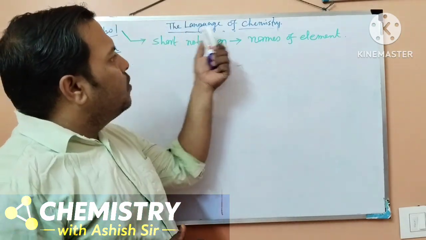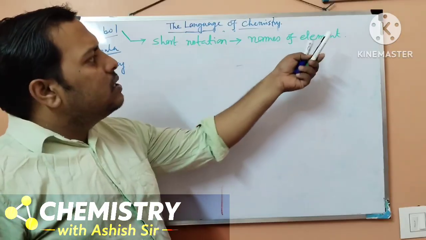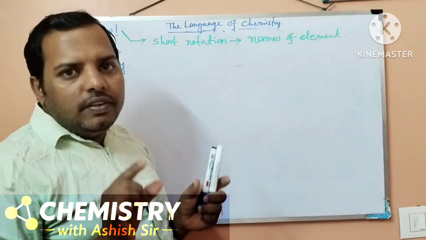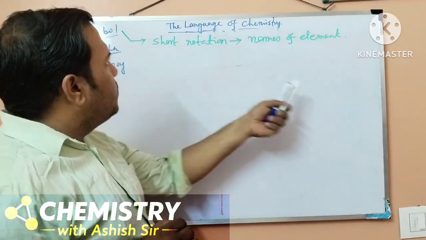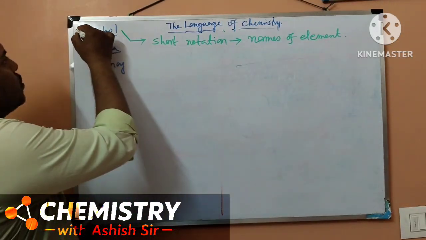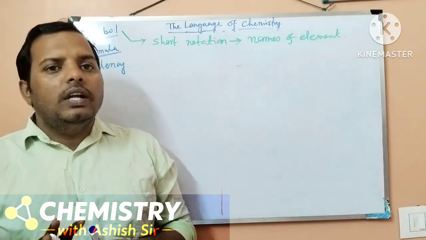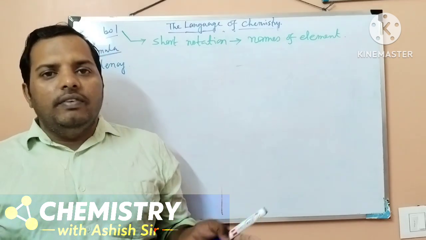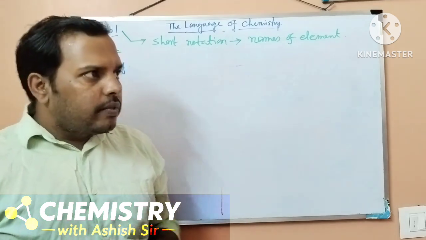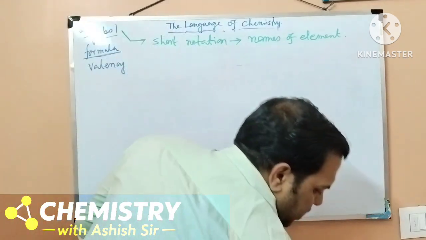Similarly, in this chapter, language of chemistry, whatever be the original name of the element, they have some abbreviation, they are short form. Those short forms we will be saying symbol. So first of all, what is symbol? Symbol is the abbreviation or shorthand notation of the name of the elements. Hope it is clear. Let us take some example together.